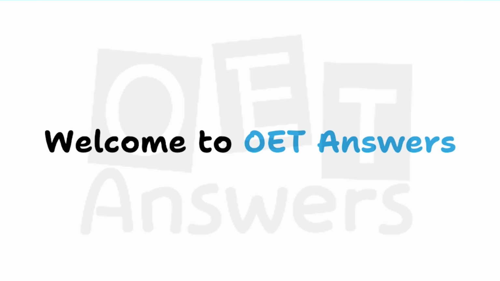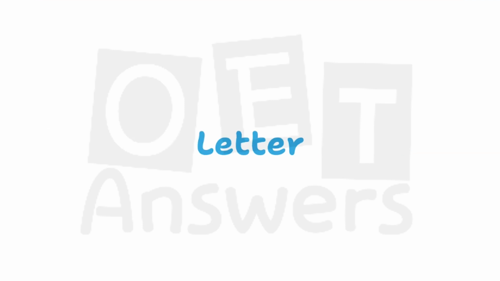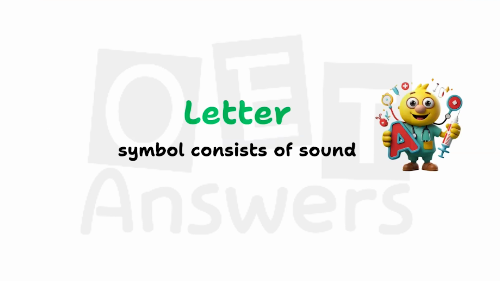Okay, let's see one by one. Fundamentally, what is a letter? Letters are symbols which convey a sound. Each letter has its own sound: A, B, C, D, up to Z. So letters are symbols which consist of sound.